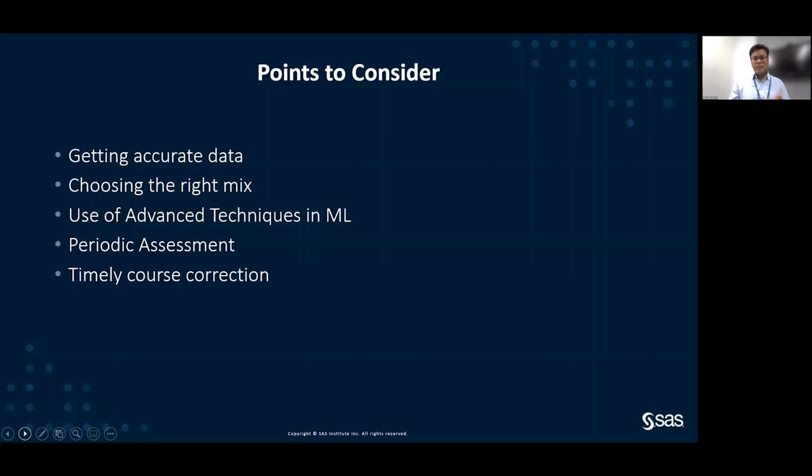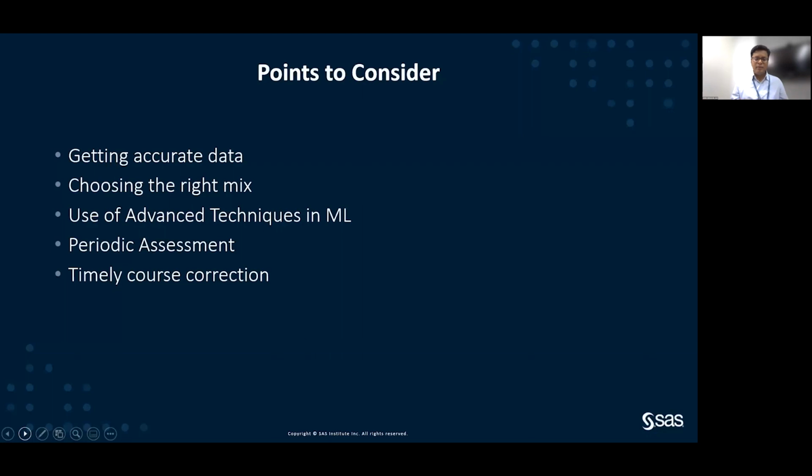The second point is choosing the right mix. Here our mix problem was only limited to cattle, soybean, and Brazil nuts or cocoa. So we have chosen these four for suggesting the right mix. But we can choose different combinations of crops, different combinations of land uses to have a mix.